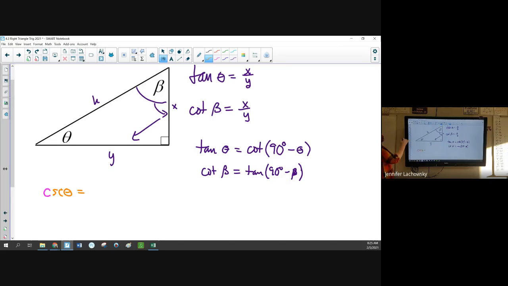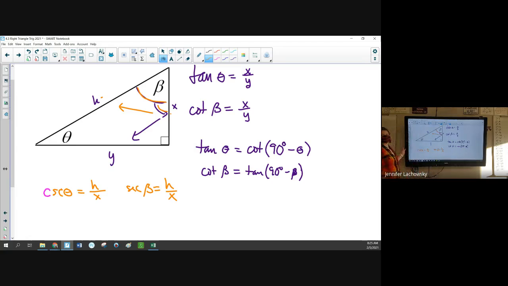So if sine is opposite over hypotenuse, then this is hypotenuse over opposite. So h over x, I agree. And then secant of beta. Secant is a reciprocal of what? So if cosine of beta is adjacent over hypotenuse, then it's hypotenuse over adjacent?